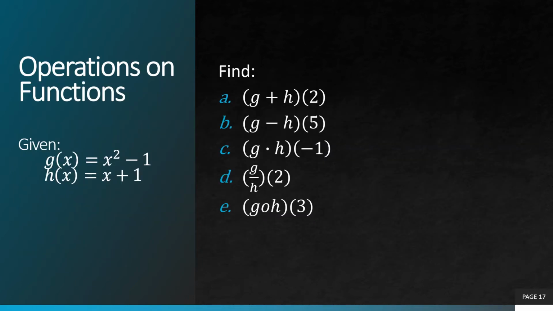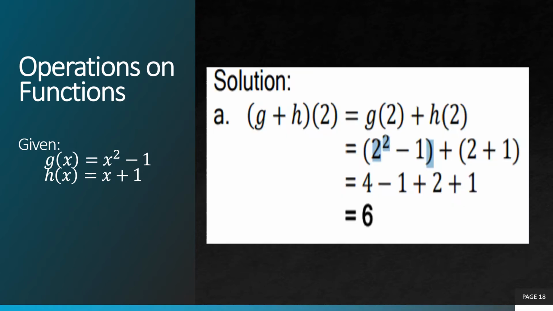What if there is a number given, or there is a value for x, where the x here is defined. So we have here g plus h of 2. That is just equal to g of 2 plus h of 2. By evaluating functions, we all know that g of 2 is just 2 squared minus 1.